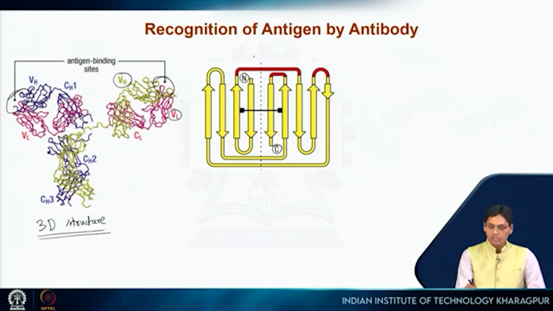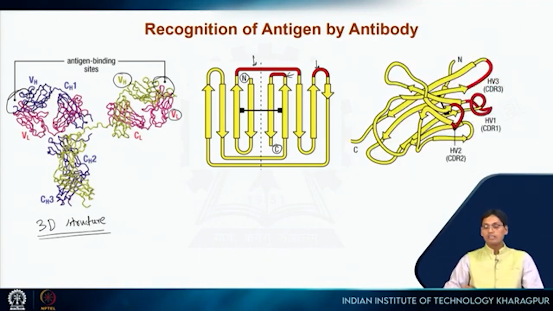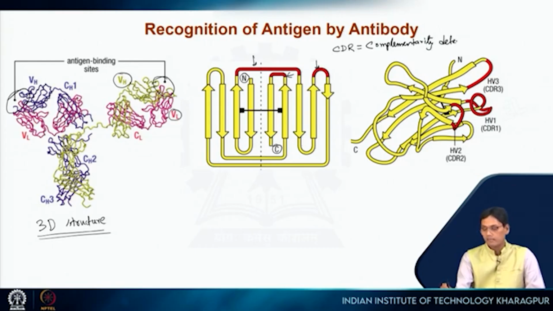So these 3 loops, 1, 2 and 3, are called CDR loops. CDR stands for complementarity determining region, because they are complementary to the antigen, so they bind to the antigen directly, right?